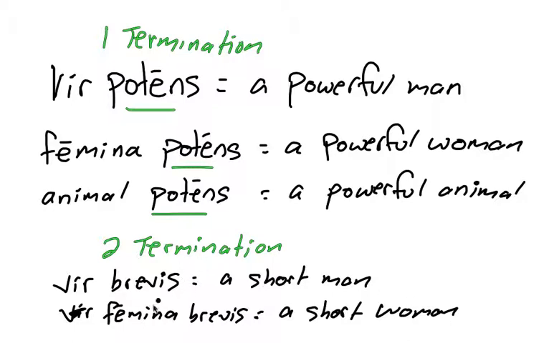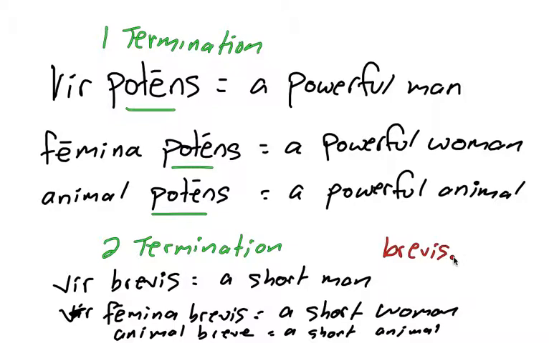And then if I wanted to use neuter, we'll use animal. Remember, animal is neuter. Animal breve, a short animal. Okay, so for two termination, the vocab entry will be brevis, breve. Okay, brevis is masculine and feminine.